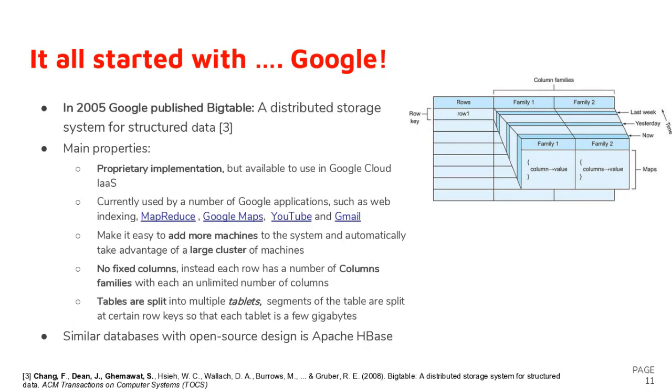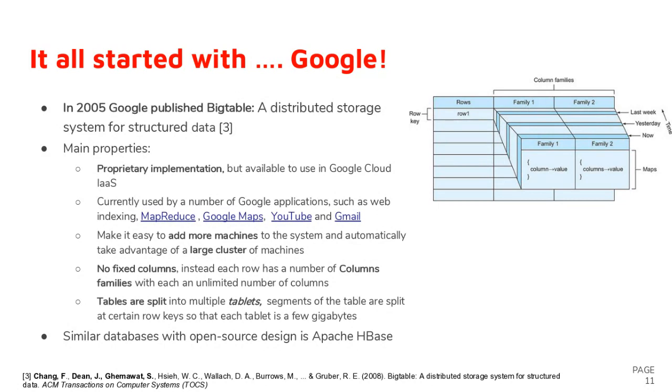If you look at the data format, here's a little visualization. You have different rows. For Bigtable, the number of rows can be in the billions and trillions. So the table is split into tablets, they call it. Each tablet is a segment of the table split on the row key.